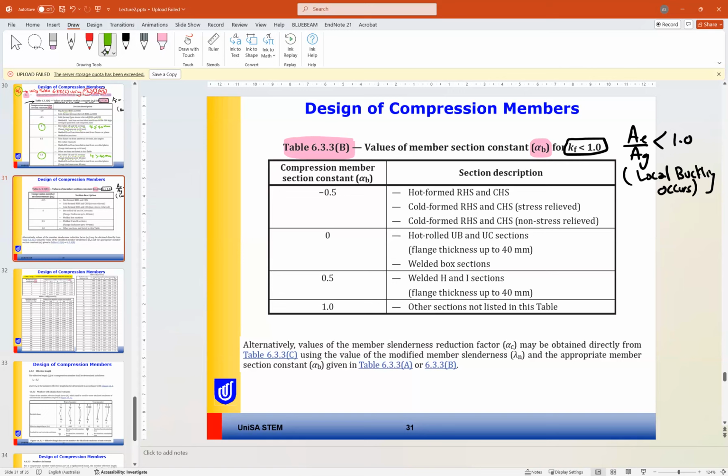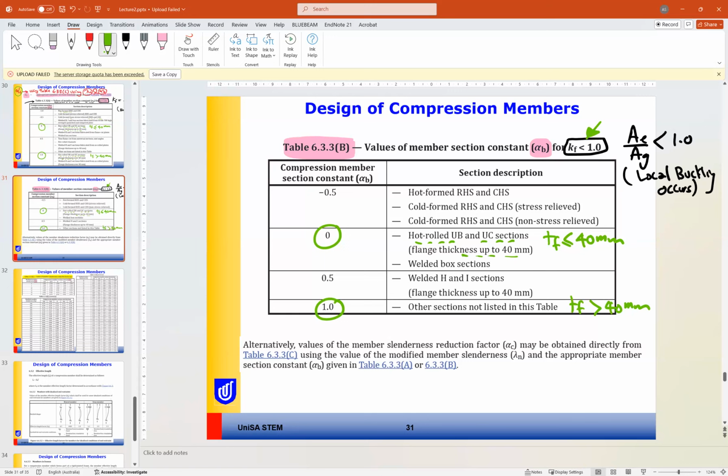For example, for hot rolled UB and UC section up to 40 millimeter, so T flange less than or equal to 40 millimeter, alpha b equal to 0. And if TF is, for example, more than 40 millimeter, you can take it as 1. So based on KF, the form factor, and the type of the member, you can find the value for alpha B from this table.